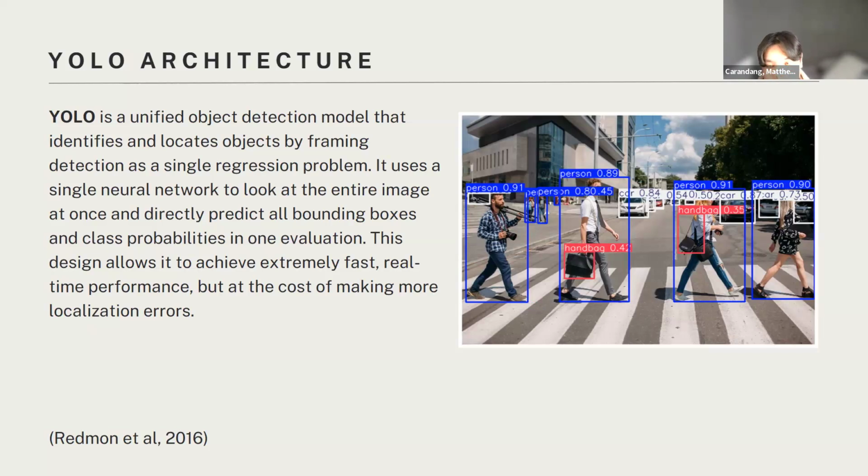It takes the entire image, passes it through the network once, and directly predicts all the bounding boxes and their class probabilities. This design is what allows it to achieve real-time performance. But as the authors noted, this speed came at a cost of making more localization errors, meaning that boxes weren't always perfectly aligned.